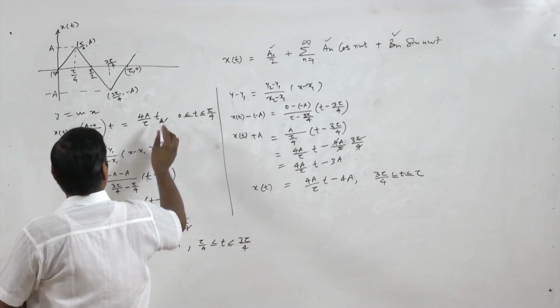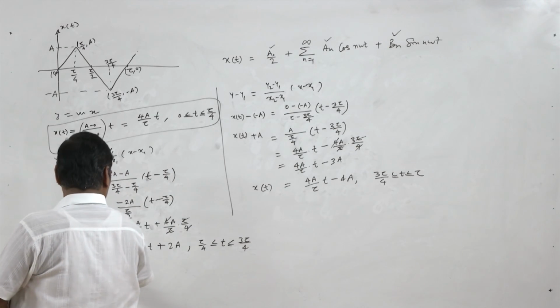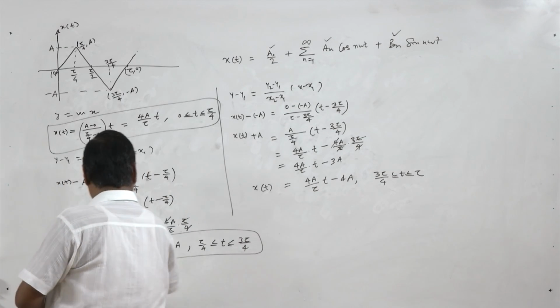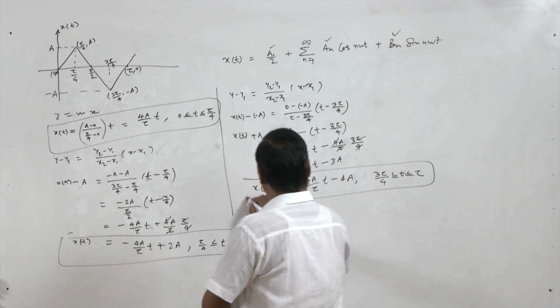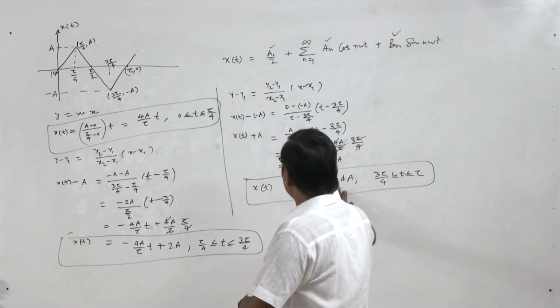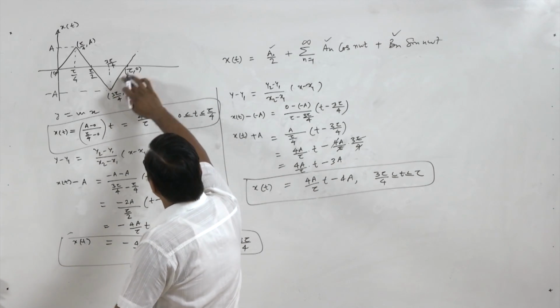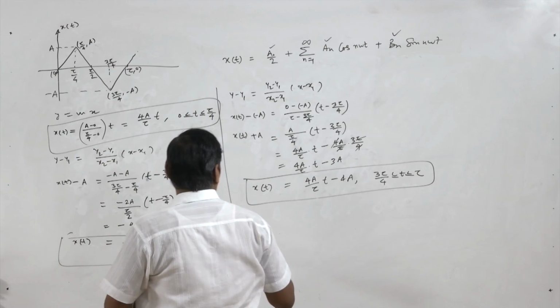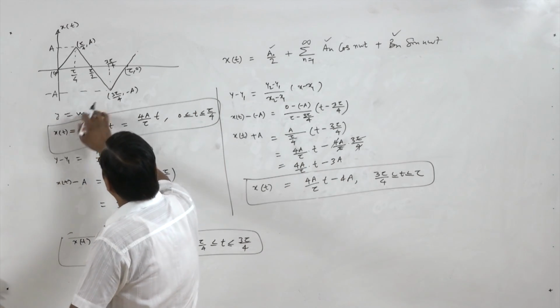So we have this expression that is valid for a quarter cycle, then it is valid for tau by 4 to 3 tau by 4, and this is valid for 3 tau by 4 to tau. And here we can see that the slope of this line is positive, and it is cutting at the negative axis of x(t).